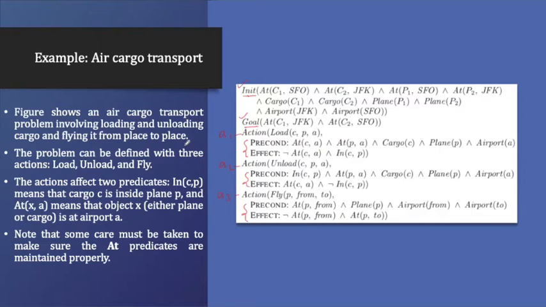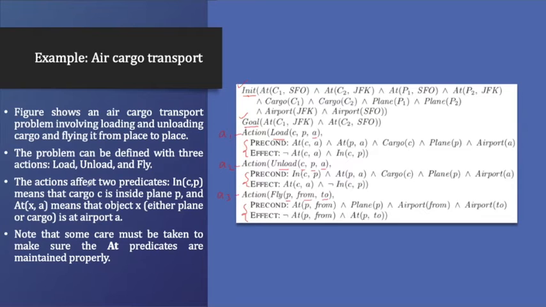So these are the three actions we have: load the cargo into the plane at a particular airport, unload the cargo from the plane at a particular airport, and fly the plane from airport to airport. So the problem can be defined with three actions: load, unload, and fly.